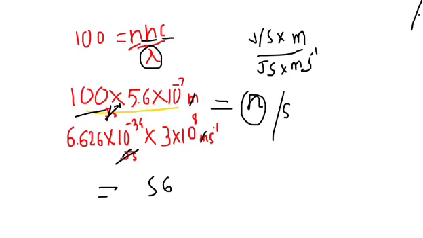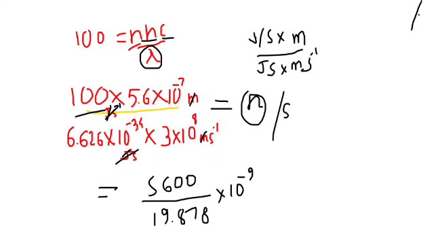So if we calculate this, we will get something like 5600 divided by 19.878, into 10 raised to the power something like minus 9 plus 34 minus 8.